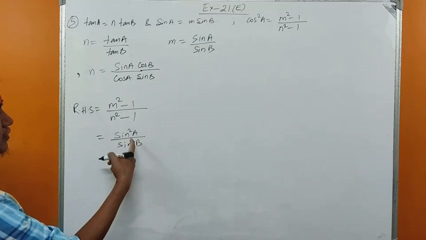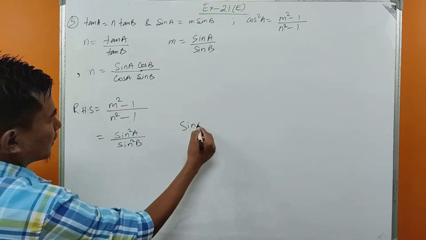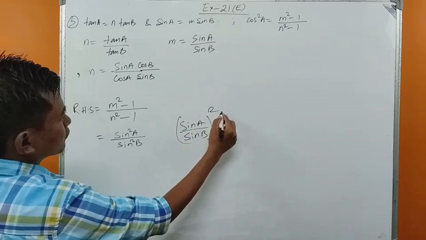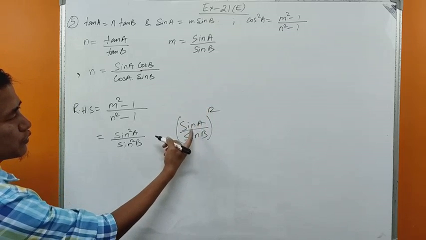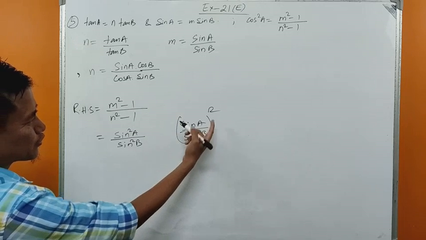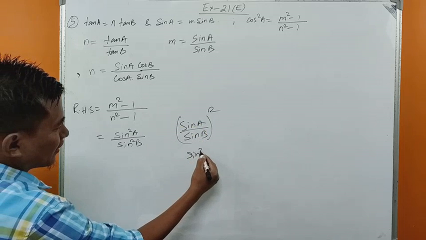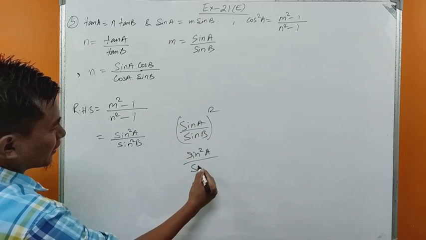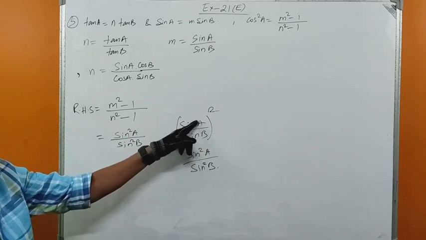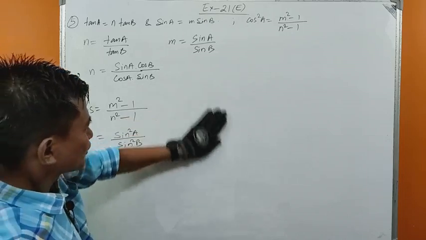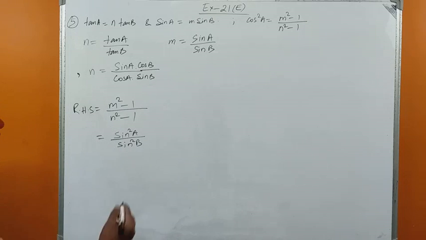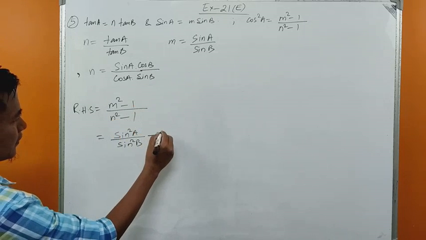The square is applied to both the numerator and the denominator, so m square is sin square A upon sin square B, minus 1.